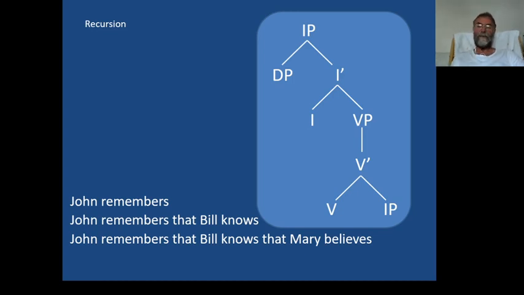Believe could also have a clause, and you would say John remembers that Bill knows that Mary believes that Fred said something or other. Note that these types of sentences are easier to process. You can keep on adding to them for quite a long while before your processor starts to fail and you get confused by them.